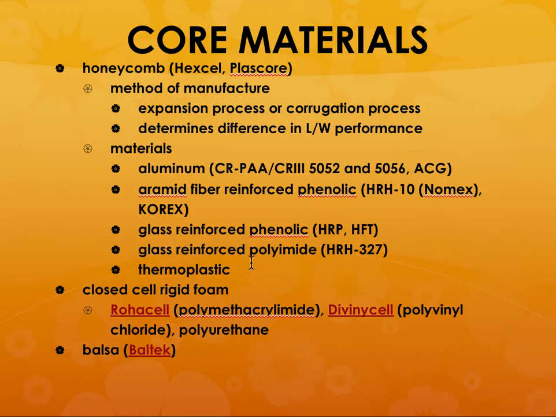Or it could be glass reinforced phenolic, glass reinforced polyimide, a nylon, or a thermoplastic type of material. And there are some other advantages to having these core materials. For example, if you want these materials to be fire resistant, your core material can be an extremely good fire resistant material that will prevent the fire from moving from the face sheet into the inside of your component.